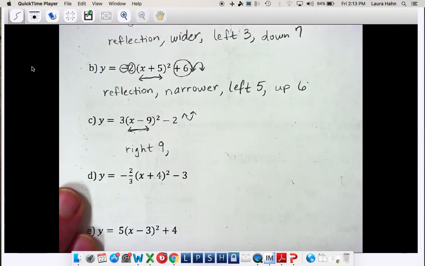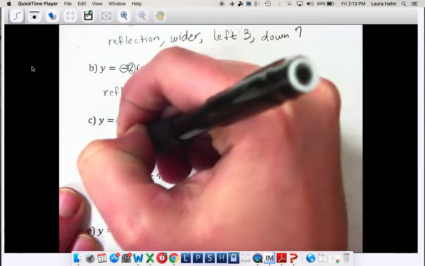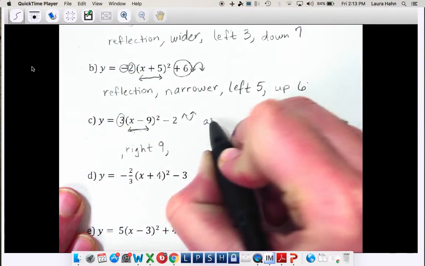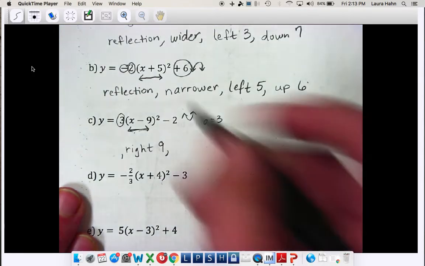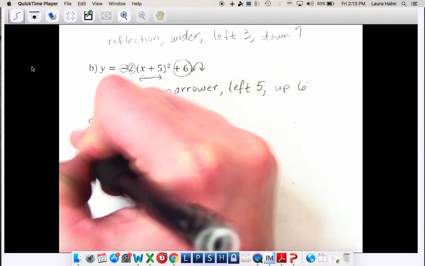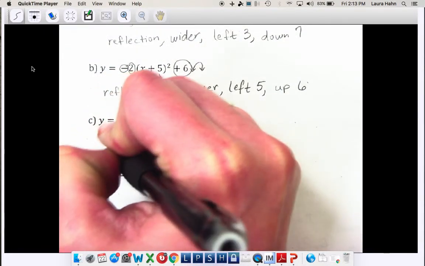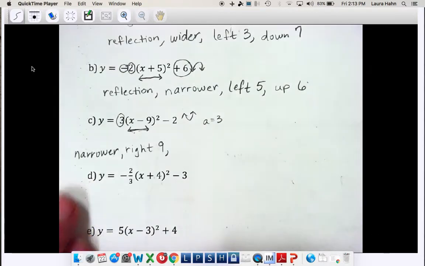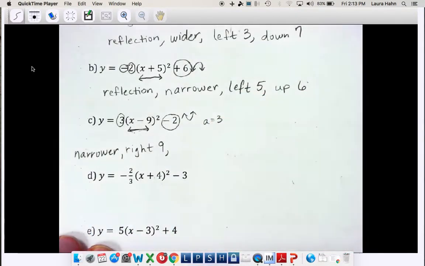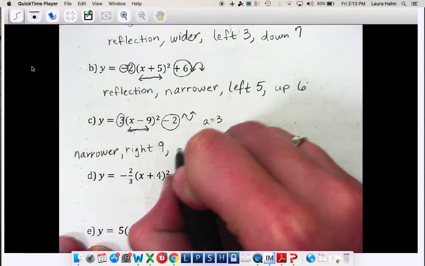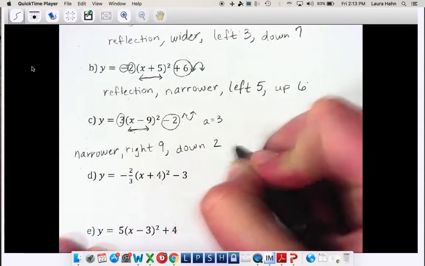Oh, you know what I forgot, guys? This guy. My A is 3. 3 is larger than 1, so remember, the larger that your A value is, the more narrow it is. So I'm going to put narrower out here. And then finally, I have this minus 2 at the end that's affecting my y. Minus 2 is going to move it down 2.